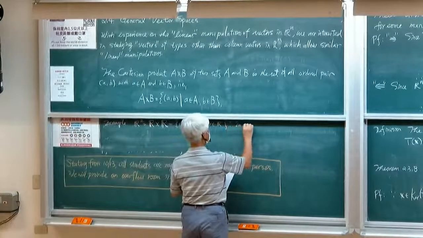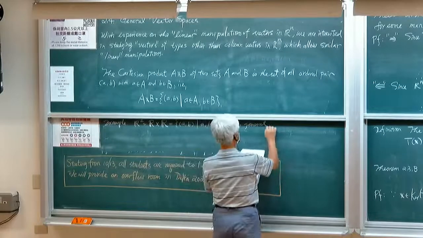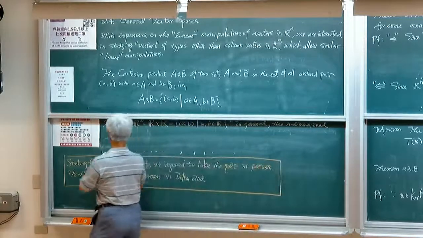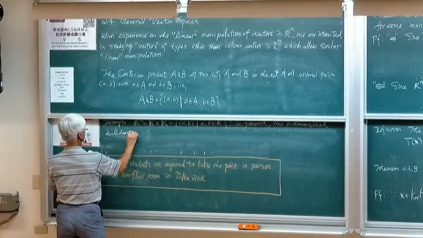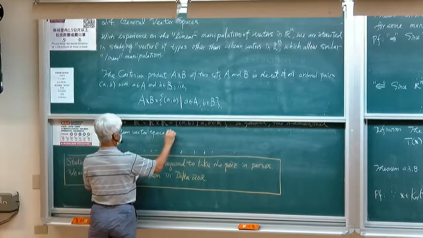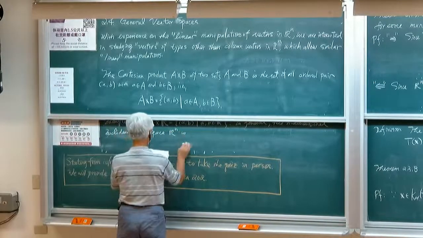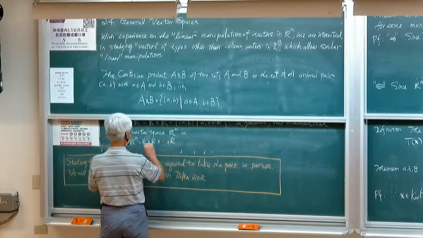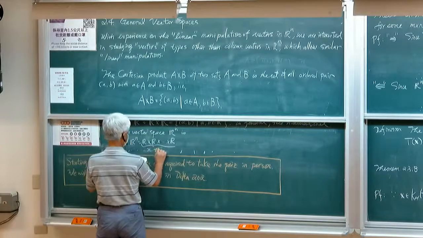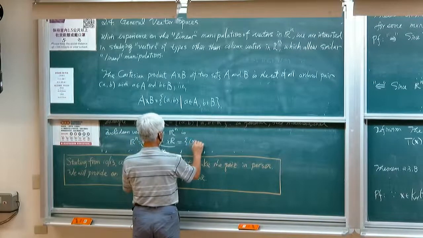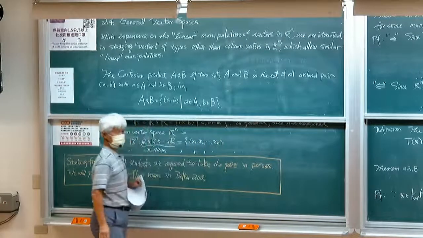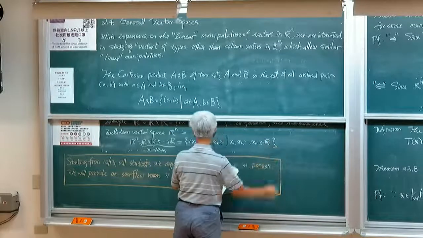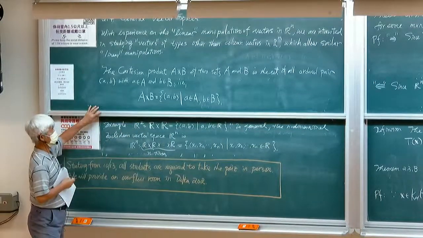In general, the n-dimensional Euclidean vector space Rn can be regarded as R Cartesian product R, n times, which is regarded as an ordered sequence, and the components are in R. So this is called the Cartesian product.